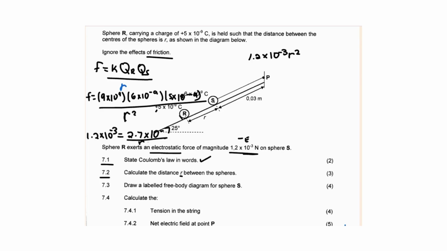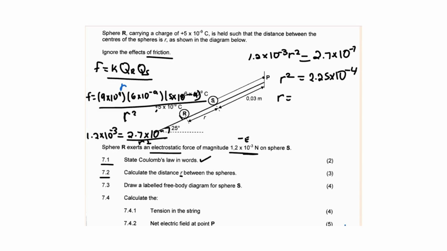So r squared equals 2 comma 7 times 10 to the power negative 7 divided by 1 comma 2 times 10 to the power negative 3, and that gives me 2,25 times 10 to the power negative 4, and then the square root of that.